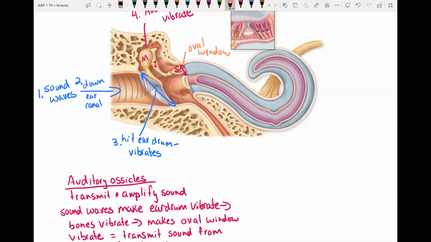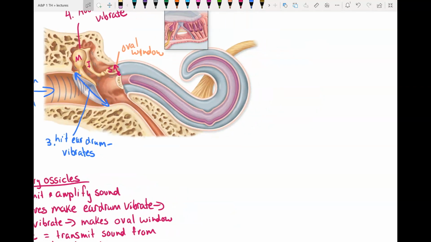The inner ear. So now that we have the oval window vibrating, that creates waves in this fluid. The cochlea is filled with fluid. This creates waves in the fluid.